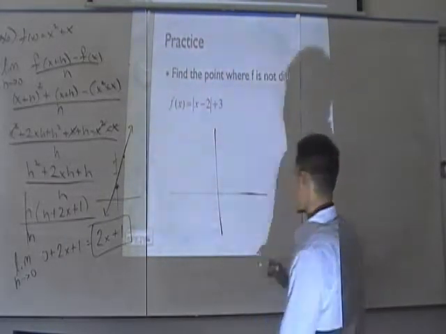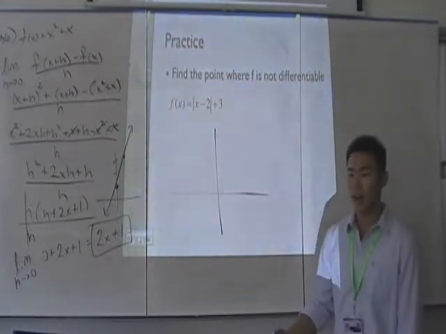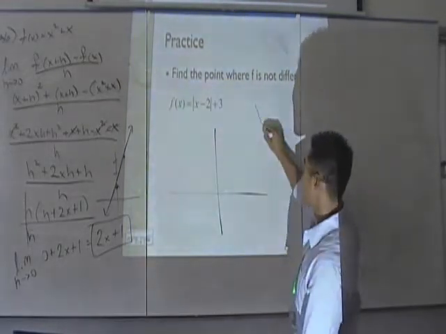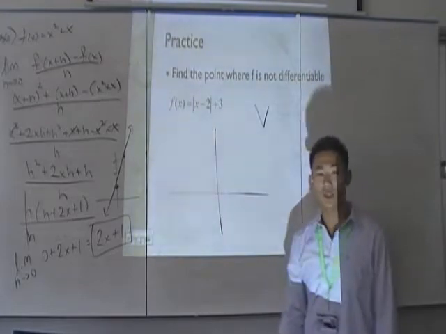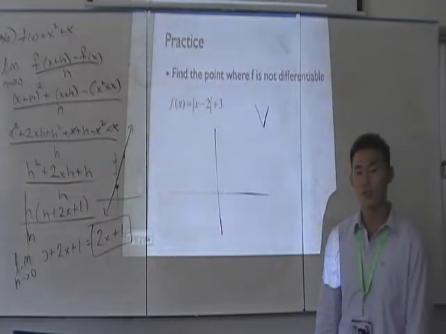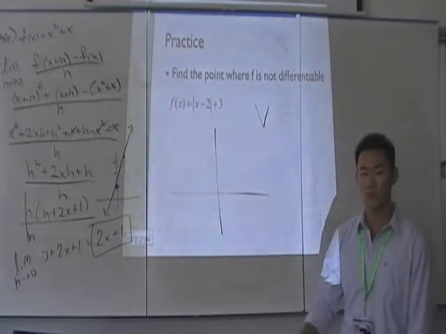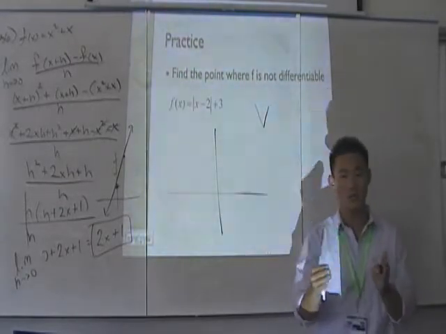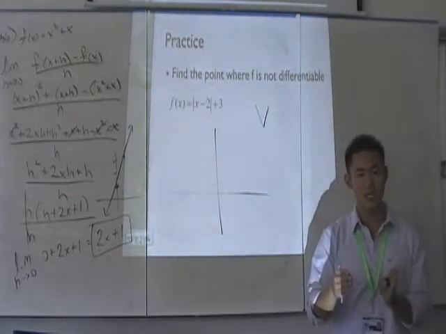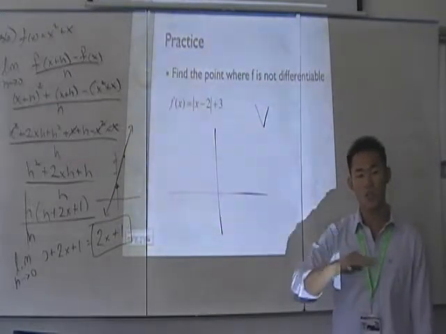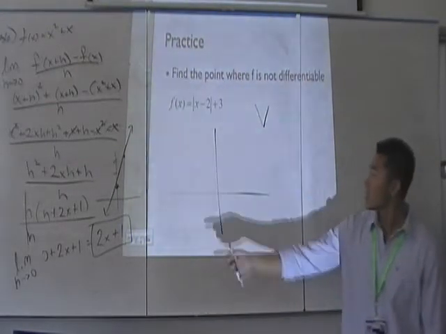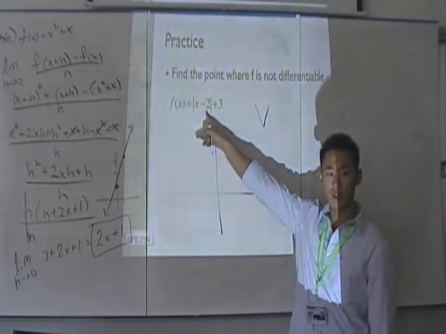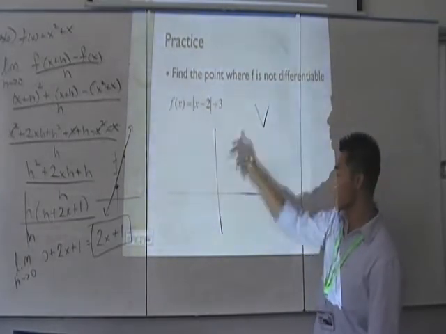Okay, first of all, what type of graph is this? Absolute value. So it's going to look like a V. That minus 2, what does that do? Right 2. If it's kind of like in parentheses, or if it deals with the x directly, it's a horizontal shift opposite of what it looks like. So that's a right 2, and then the plus 3 is up 3.